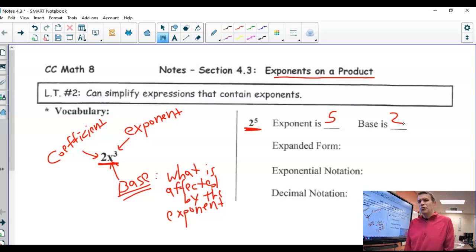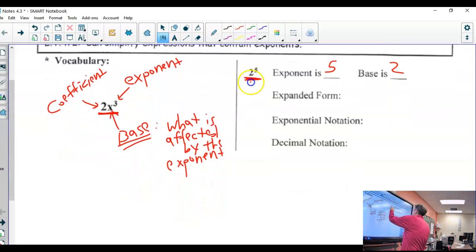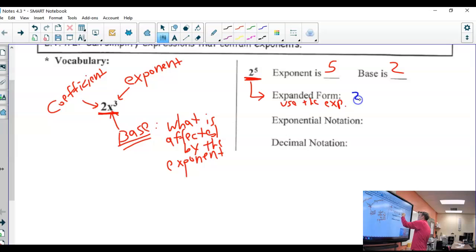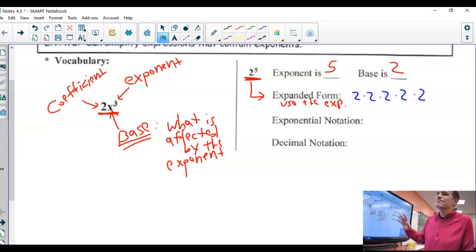Now, we have 3 different ways that we can write this expression, 2 to the 5th. It can be written in what's called expanded form. Expanded form is really just when you use the exponent's meaning: 2 times 2 times 2 times 2 times 2. Expanded form is what the exponent is telling you to do: multiply the 2, or the base, times itself 5 times.